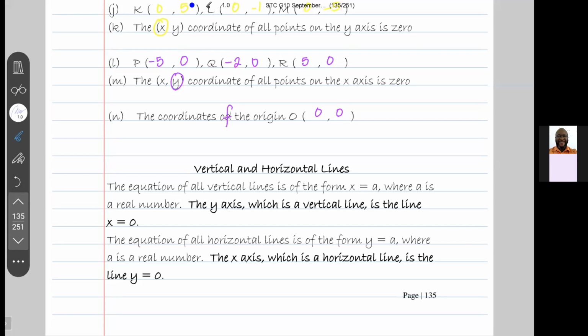The equation of all vertical lines is of the form x is equal to a, where a is a real number. Guys, the y-axis, which is a vertical line, is the line x is equal to 0. You'll get to see that in a second.